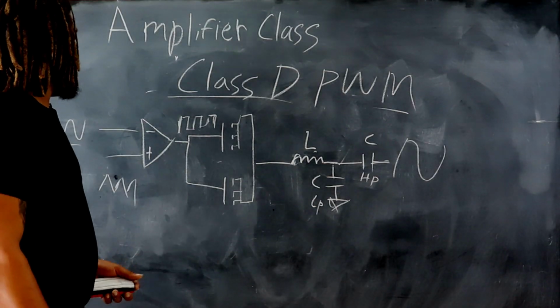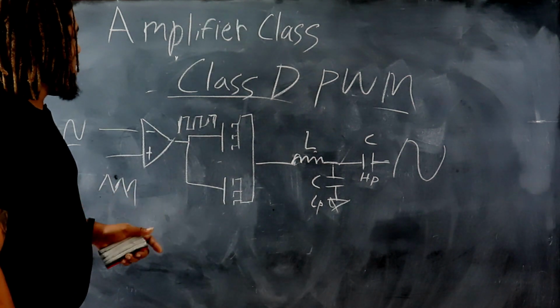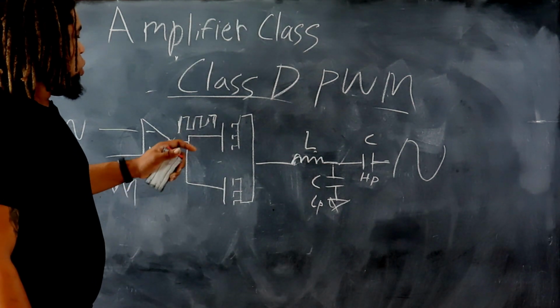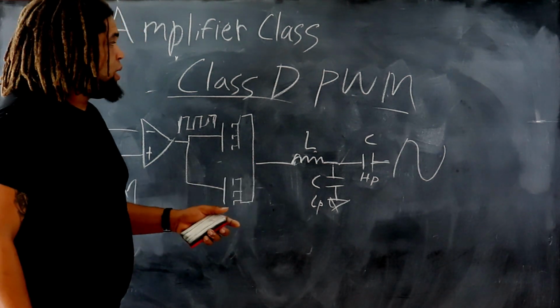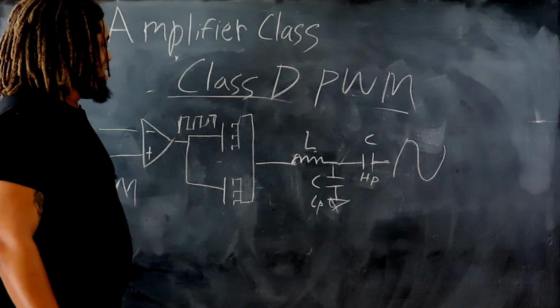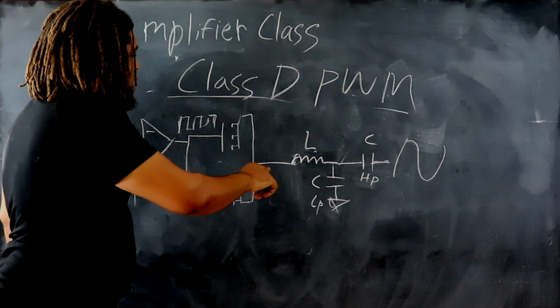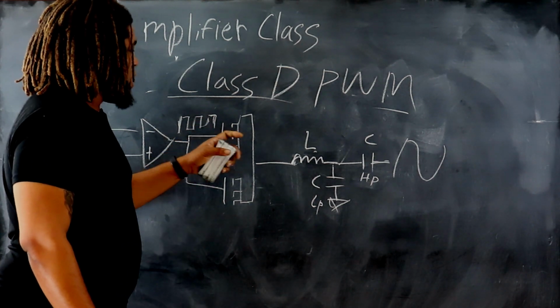So as we can see, there are some advantages and disadvantages. One particular disadvantage to the topology of a Class D amplifier is that there is inherent distortion when you're translating the square wave into a sine wave.